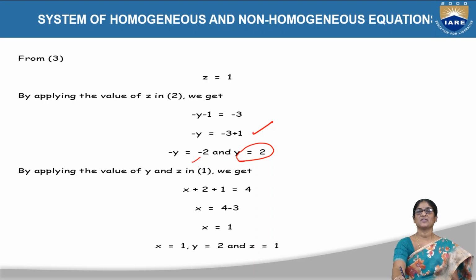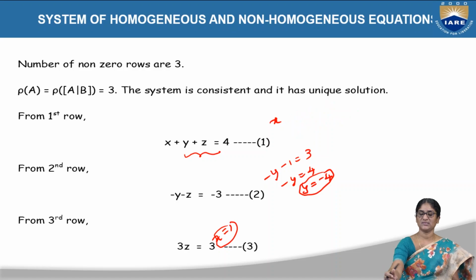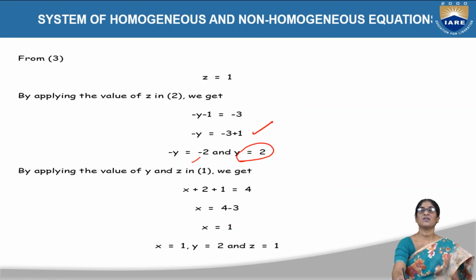Substituting, we are going to get here not 7, it is 1. So x is equal to 1, y is equal to 2, and z is equal to 1.